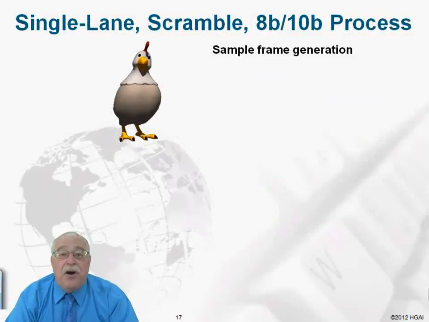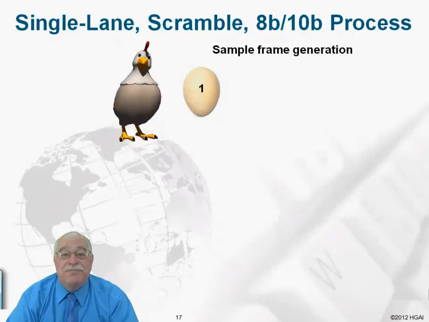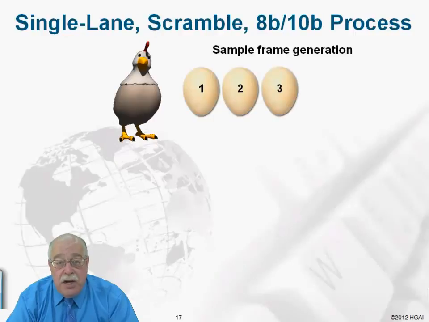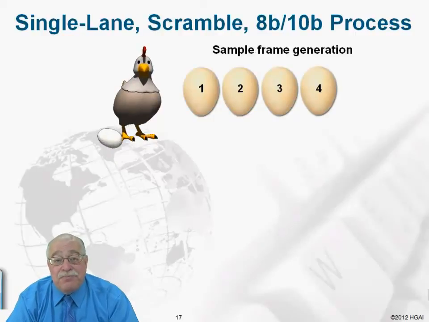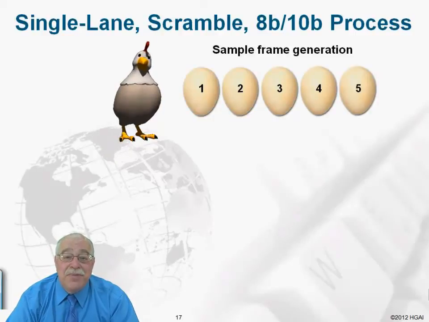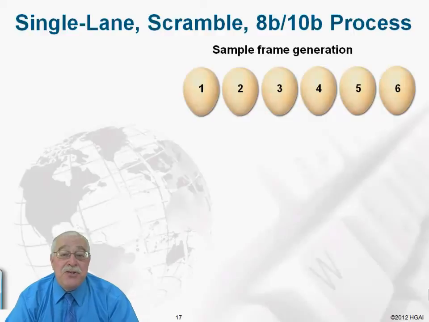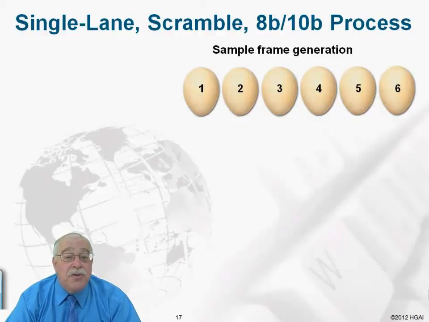Here we see what I call the chicken and the egg. Think of those eggs as words, data words, of a frame. And I guess it would be FC2 that is the chicken. Remember, FC2 generates the frame and then goes down to level 1 for the next step.